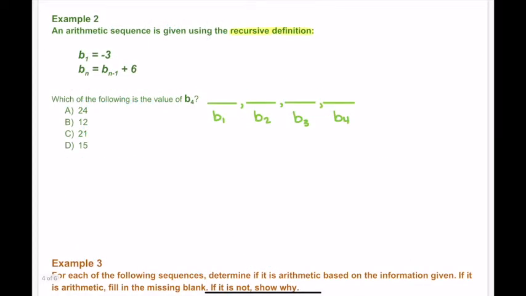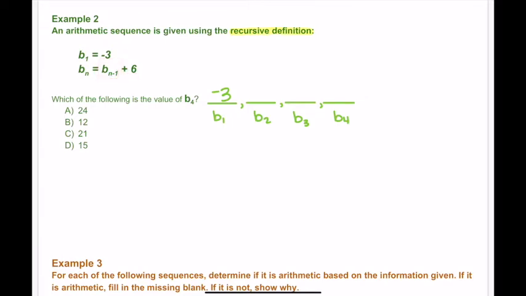For example 2, an arithmetic sequence is given using the recursive definition that follows. In this recursive definition, the first term is -3, so b sub 1 is -3. And then the recursive definition tells us that every term after that is the previous term plus 6.